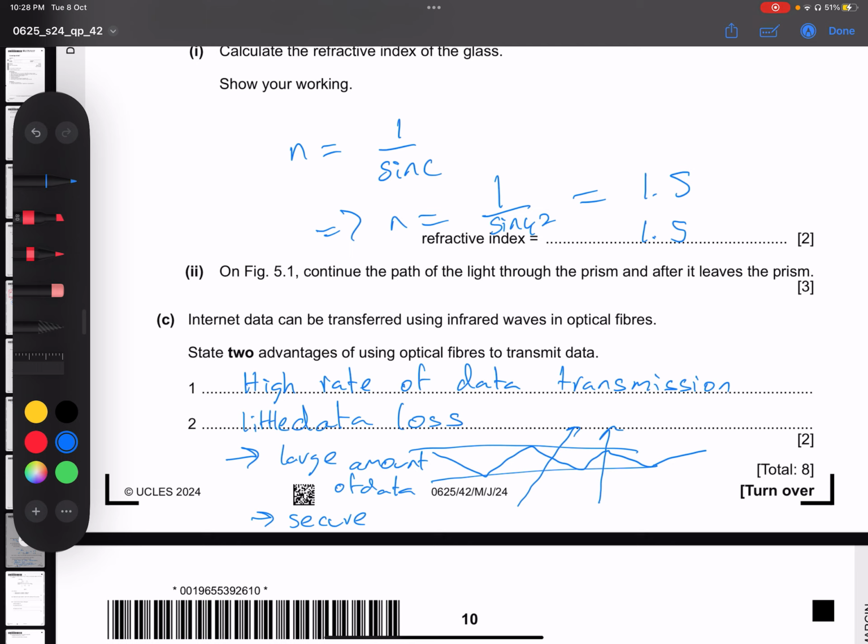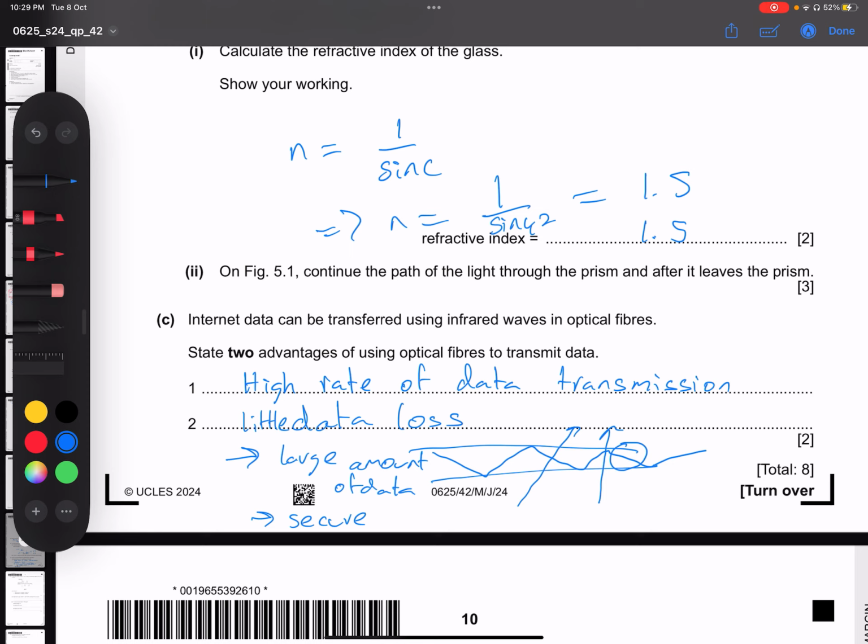This means that no one can intercept the optical fiber signals and send their own infrared waves via the optical fibers. This means no one can interfere with the data that is traveling by the optical fiber. So it is very secure. It's very hard to hack into it and makes your data much more secure as well.